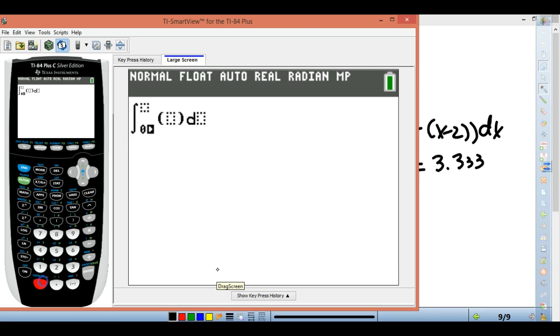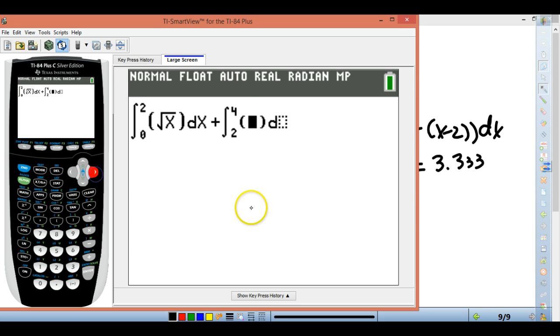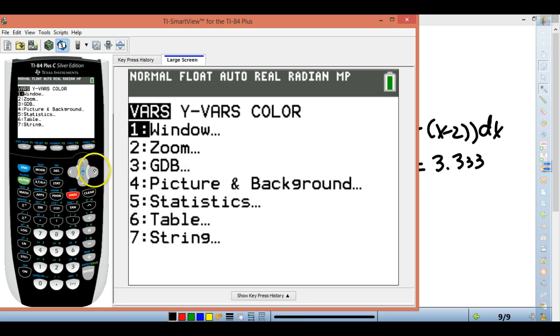So from 0 to 2, and you can either type in the equation, like square root of x dx, or again, if you had wanted to use your y1 and your y2, you can do that also.